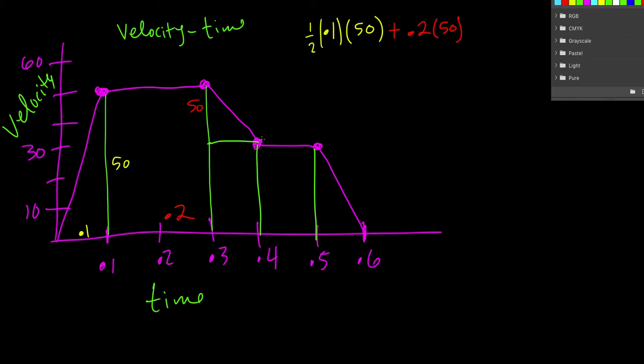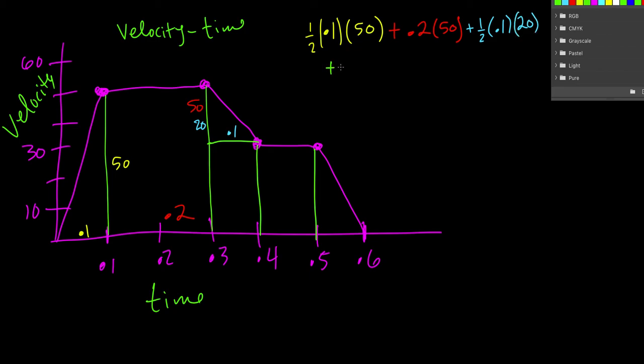Okay, now I'm going to do this triangle. So this is 0.1 by, it goes 30 to 50, so that's 20. And so once again, it's going to be 1/2 base times height.